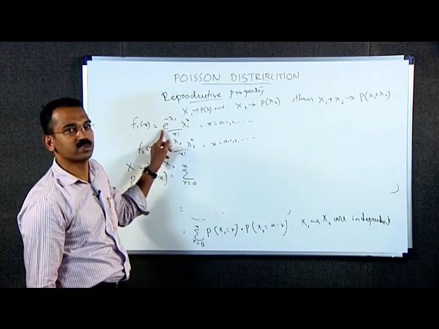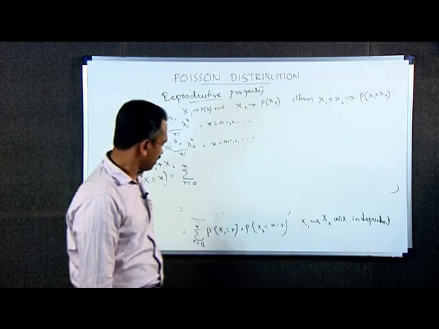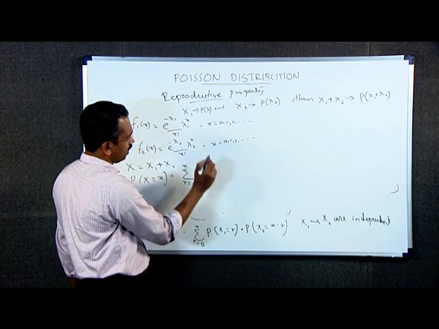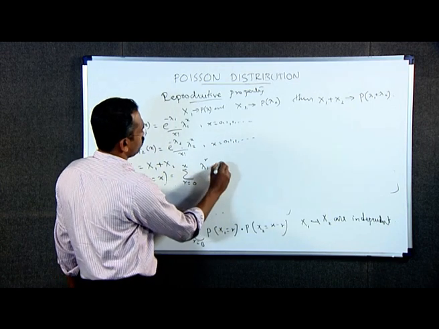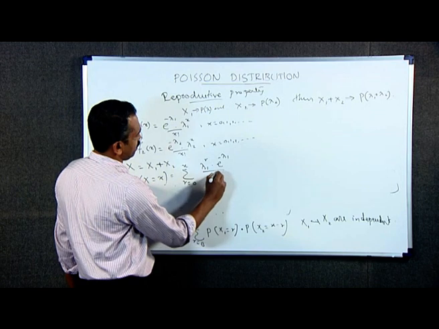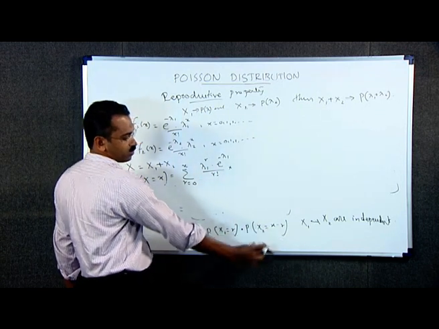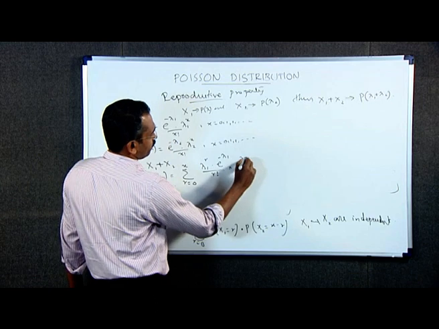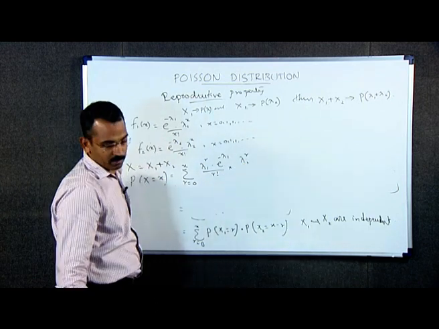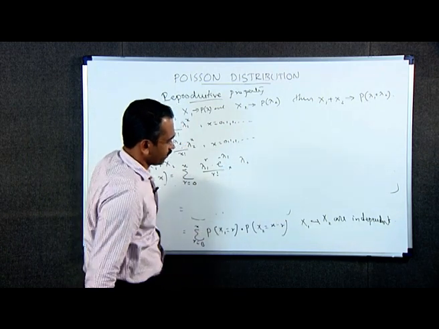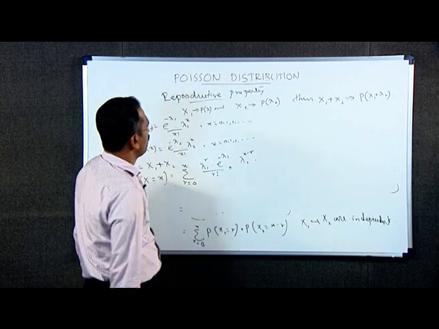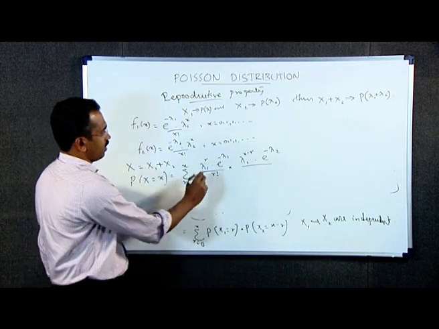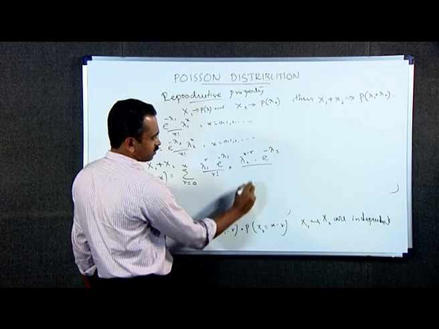We can write like this by using the probability mass function, that is lambda 1 raised to r into e raised to minus lambda 1 divided by r factorial, into, this is corresponding to x2, therefore we can use this probability function, that is lambda 2 raised to x minus r into e raised to minus lambda 2 divided by x minus r factorial.